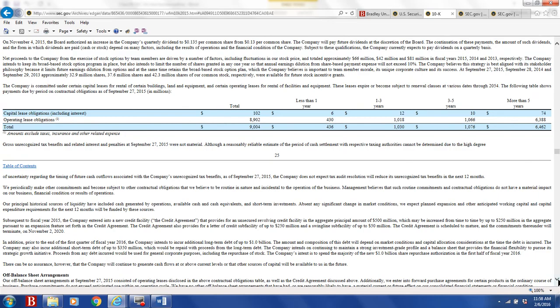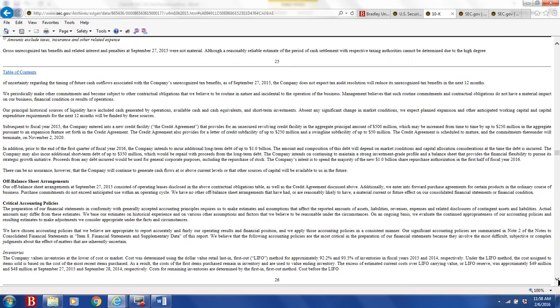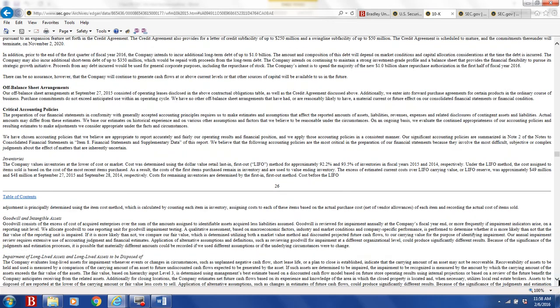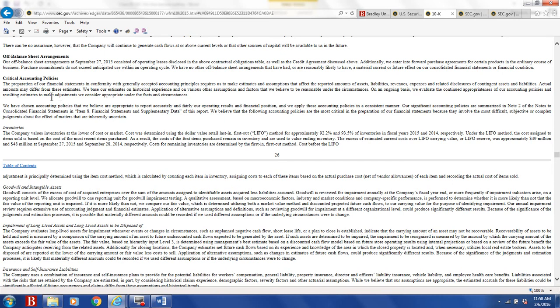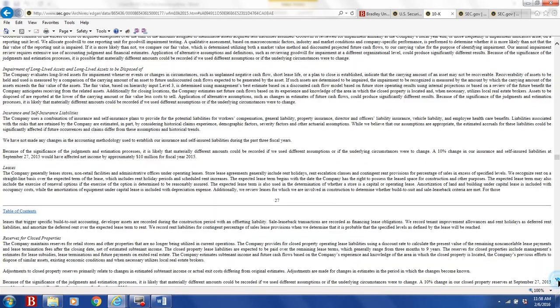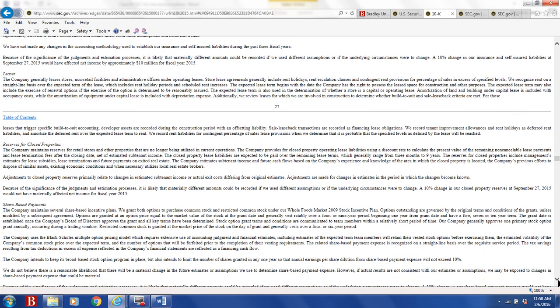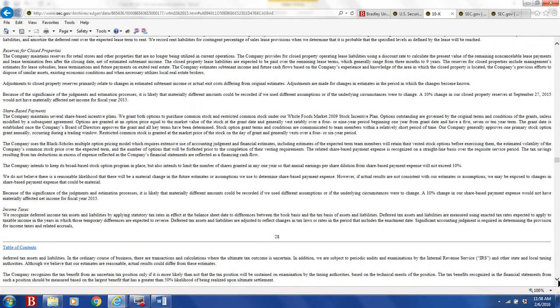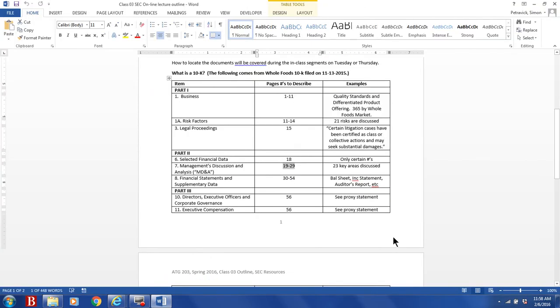As I'm scrolling up and down, we can see that it is pretty large. Go down further, you can see that they have some discussion about accounting policies and how that affects the organization. So the MD&A is a section where a lot of information can be learned about the company.